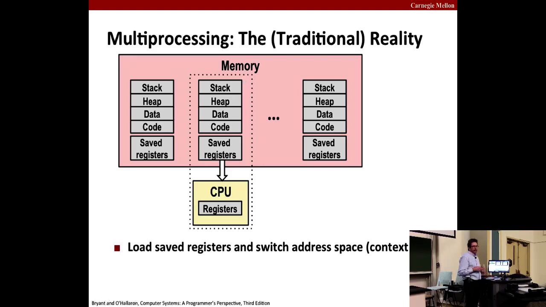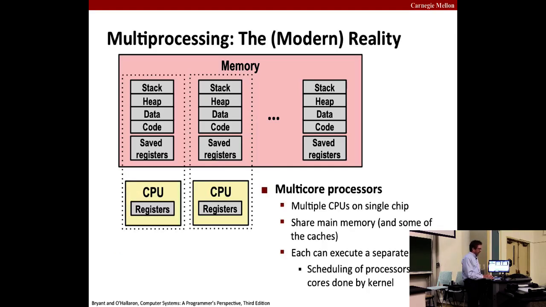The address space and the register values are the context, so the context switch is the change in the address space and the registers. Then at that point, that process is running. Now in reality, on modern systems with multiple cores, the operating system will schedule processes on those cores, and if there are not enough cores to handle the processes, then it will do the context switching, just like we showed before.